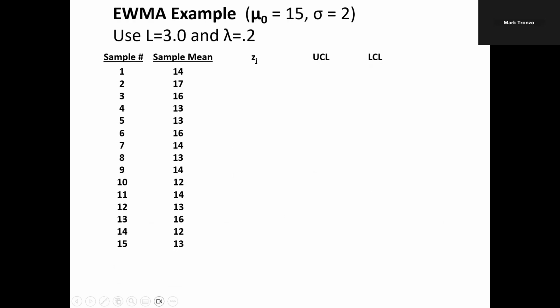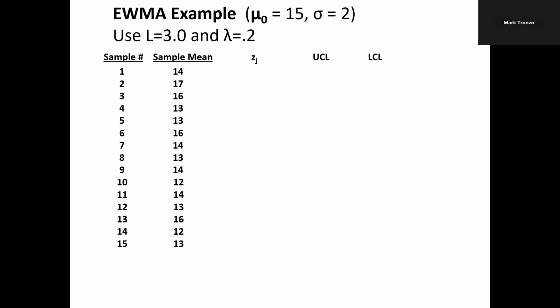So let's actually do a calculation here. Let's do an EWMA example. Let's say the mean, our target value we're shooting for, is going to be 15. Our standard deviation is 2. And like before, we're going to use L to be 3.